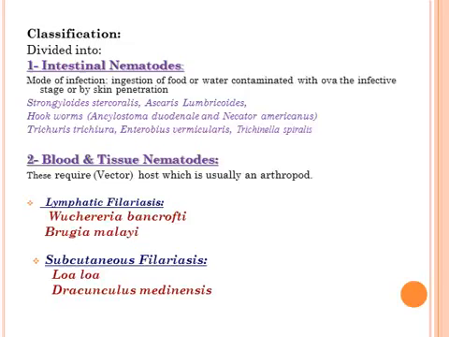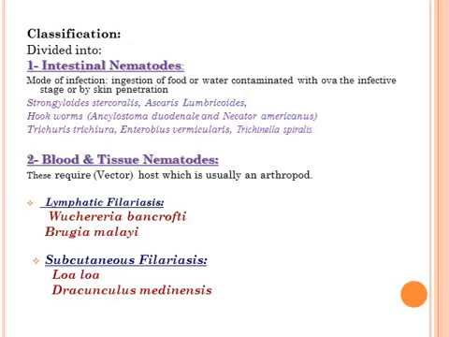So the adult is found in the intestine in this type, like Strongyloides stercoralis, Ascaris lumbricoides, Ancylostoma duodenale, Trichinella spiralis, Enterobius vermicularis, and Trichuris trichiura.